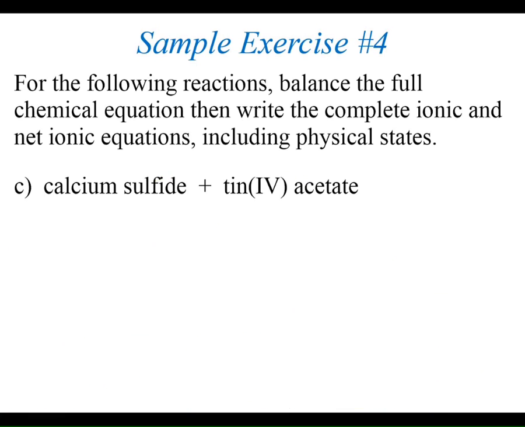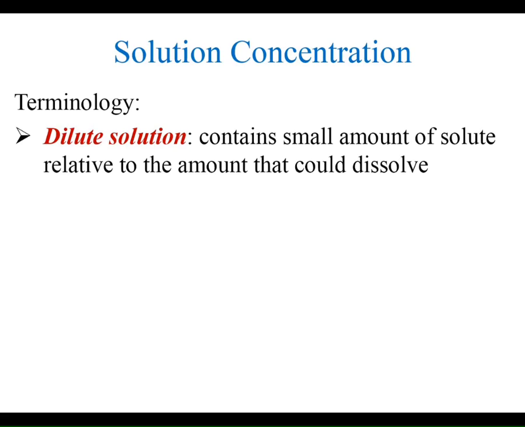Okay, well, let's look at how do I measure the concentration. If something is aqueous, if it's NaCl aqueous, is there a little bit of NaCl in there, or is there a lot of NaCl in there? Well, we can measure what's called the concentration. In a qualitative sense, if you say it's a dilute solution, it means there's relatively very little of the solute.